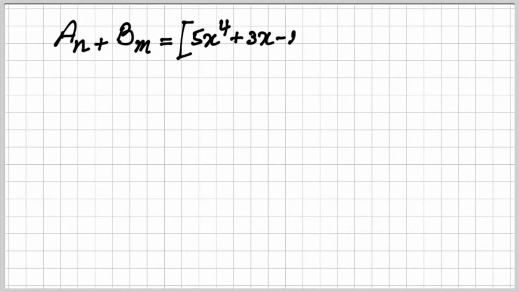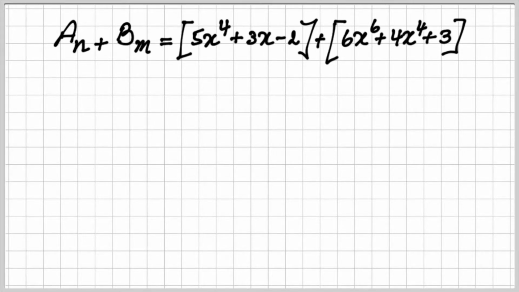Now we have to add both of those polynomials, and we just write them one next to the other. 5x to the power 4 plus 3x minus 2 plus 6x to the power 6 plus 4x to the power 4 plus 3. And what we do now is we select the terms.